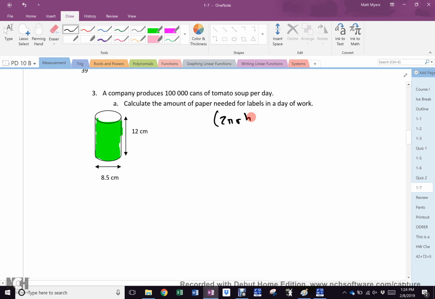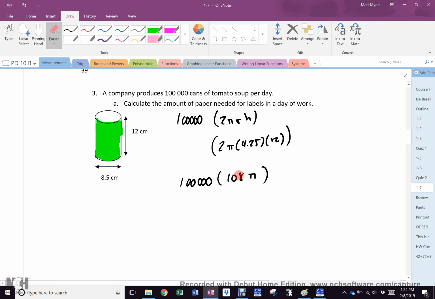And how many of them are there? 100,000. So I do 2 pi r h. 2 pi times 4.25 times 12 to get 9 times 12 to get 108 pi times 100,000. Oh yes, because that's 8.5.